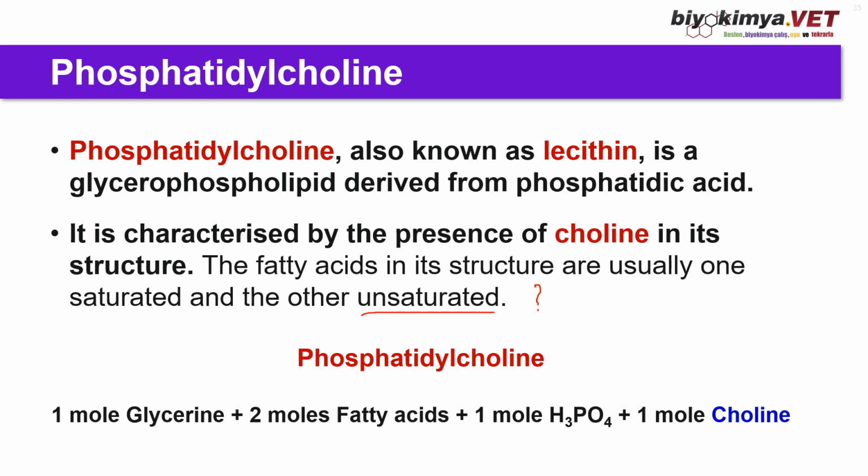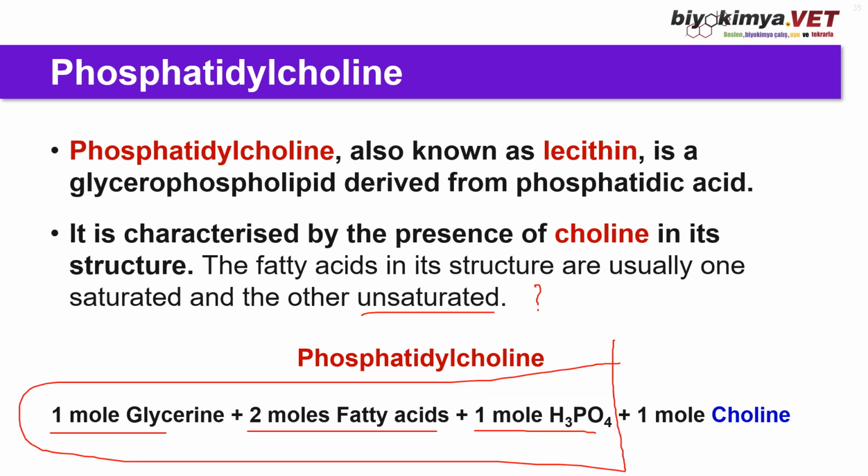And let's look at the pattern of a phosphatidylcholine. Also, I can say this is a type of formula. 1 mole of glycerol, glycerin, 2 moles of fatty acid, 1 mole of phosphoric acid, and until here, this pattern is called phosphatidic acid. This is why I said they are the derivatives of phosphatidic acid.